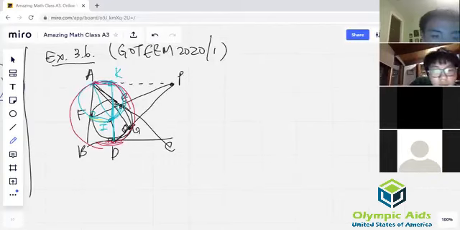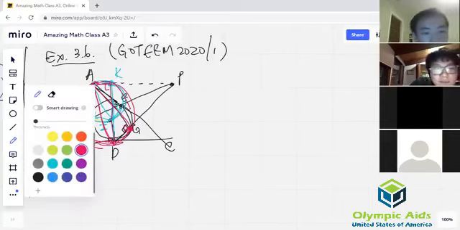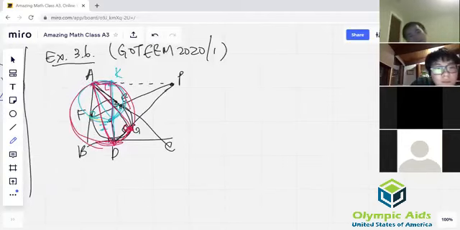The motivation for this is that in order to draw G accurately, you would want to draw the circle with diameter AD, because then this would become a right angle. And then by fact 1.2, you know this is also a right angle. And then the result actually just pops out.